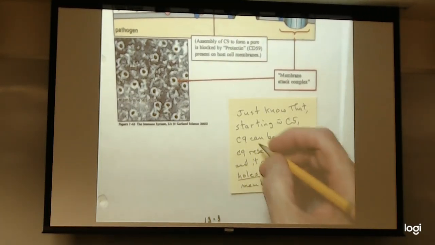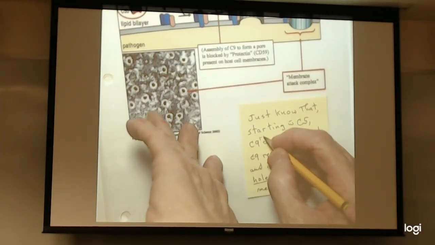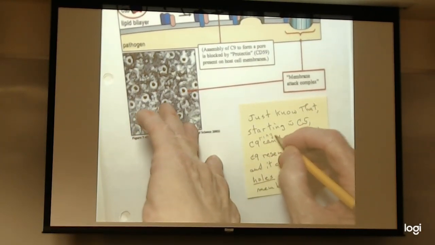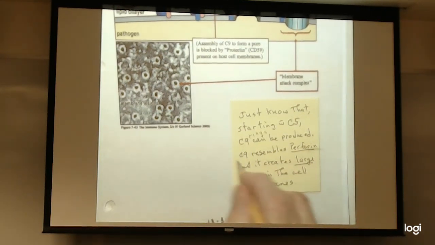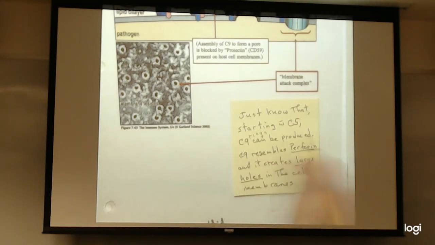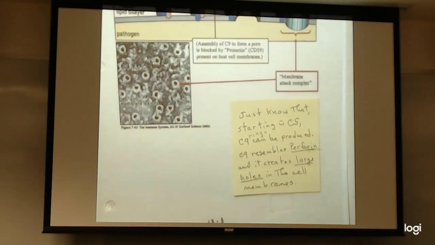I should say C9 rings. C9 rings can be produced, and these C9 rings resemble perforin oligomers.